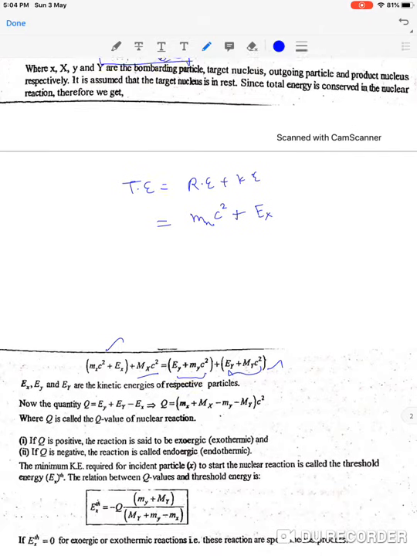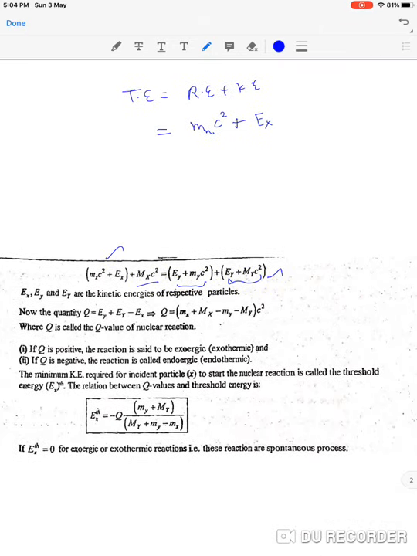So in terms of the kinetic energy of the respective particles, the Q value, the disintegration value, can be written as the kinetic energy of the product particles minus the kinetic energy of the reactant particle.